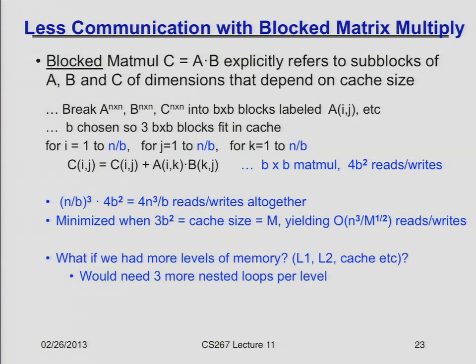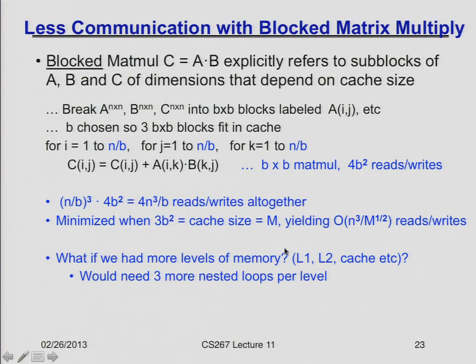So then I pointed out, and this again is review, that this is just fine if I have 2 levels of memory hierarchy, some slow memory and then fast memory, which I'm giving a name of size m. But real machines not just have 2 layers of memory, they have DRAM, they have L3, they have L2, they have L1. And so if I had that problem, then I would have to have another 3 nested loops for this and another 3, I'd have 3 more nested loops for every level of memory hierarchy.